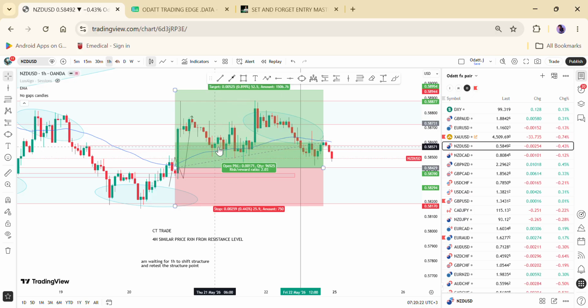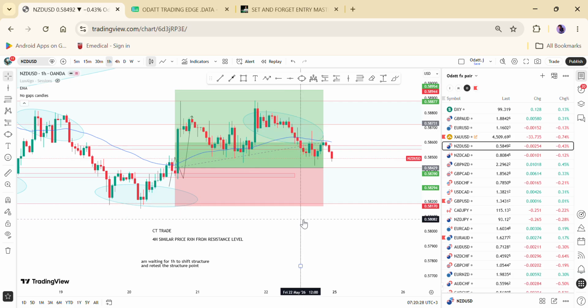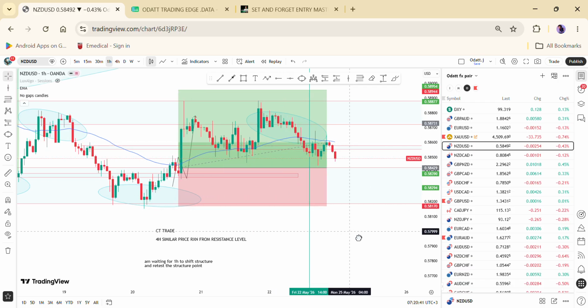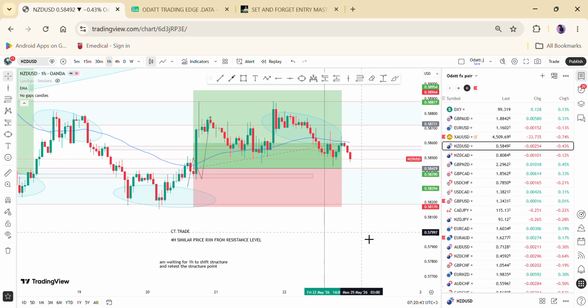So I need a shift of market structure, which happened with this candlestick over here, and after that all criteria to close this trade at break even were met. So at this point I'm closing my trade technically at break even. So that was NZD USD and how I came up with that setup.